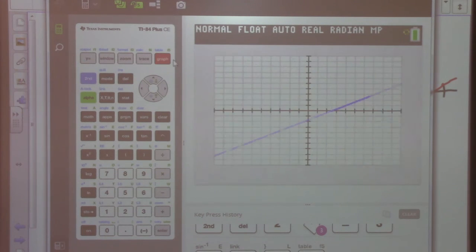I hope we get something that looks similar. Does that look about right? Yeah, it does, right? So this graph here verifies what we did.